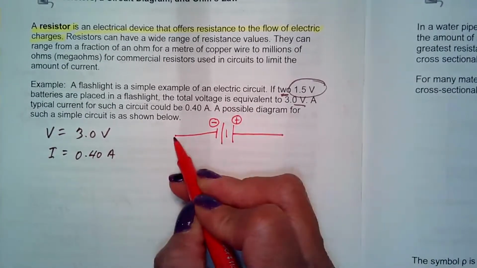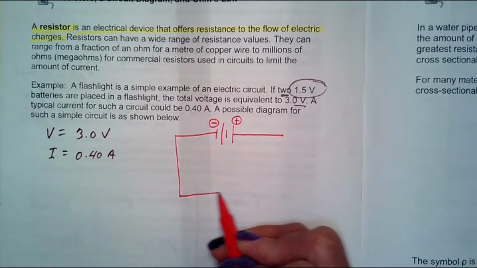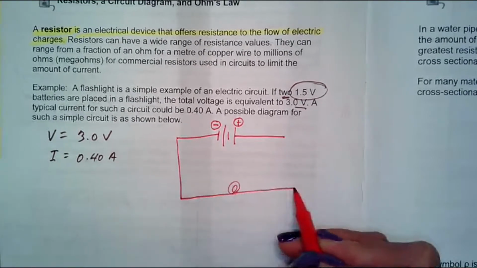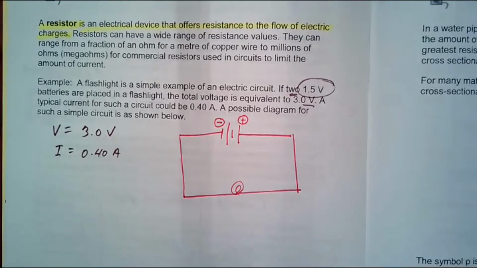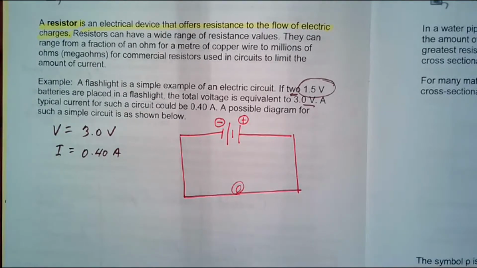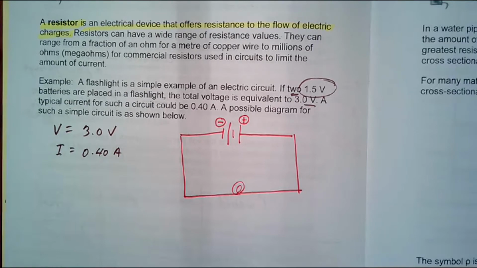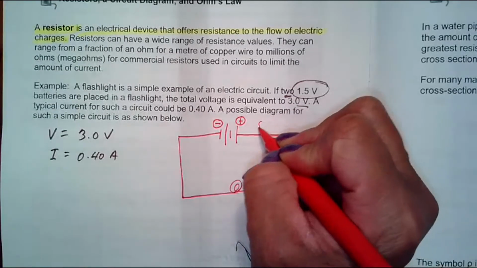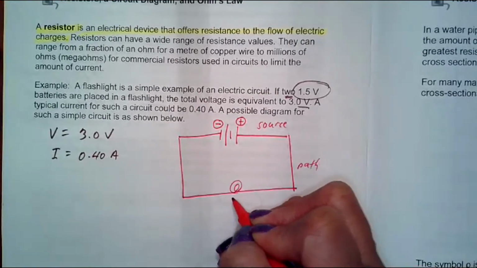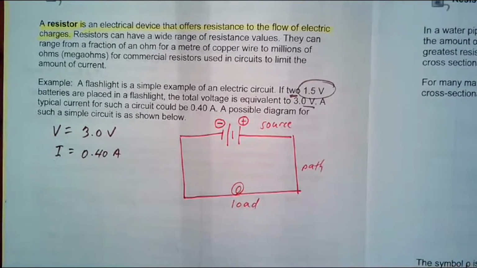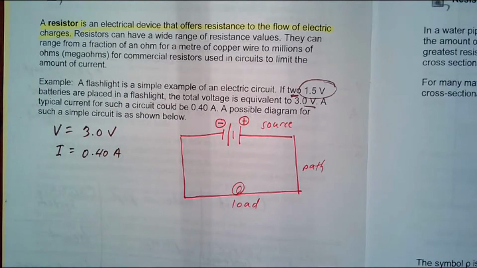Now you have your path and then you have your light. So here's a very simple schematic, or electrical circuit diagram, of this flashlight. You have your three parts: source, path, and your load.